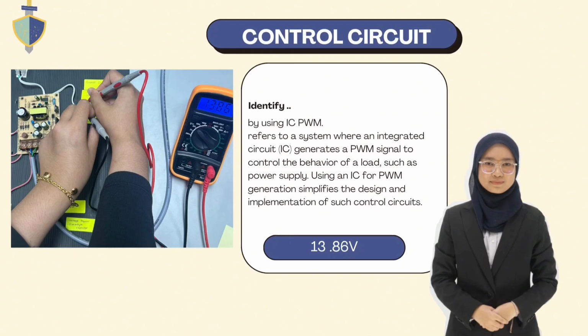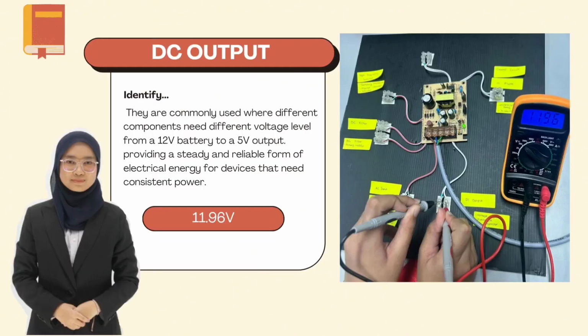It refers to a system where an integrated circuit, IC, generates a PWM signal to control the behavior of a load, such as a power supply. Lastly is DC output, 11.96 volt. They are commonly used in applications where different components need different voltage levels, providing a steady and reliable form of electrical energy for devices that need consistent power.